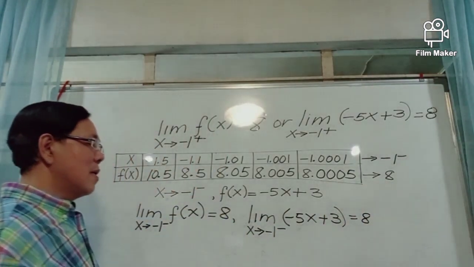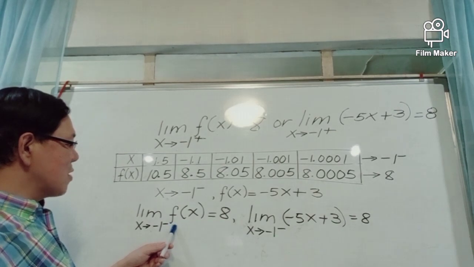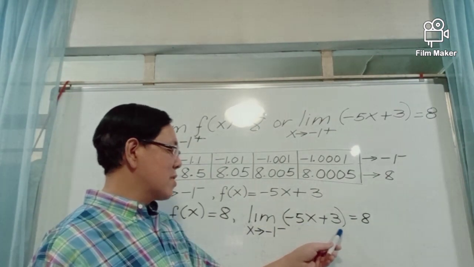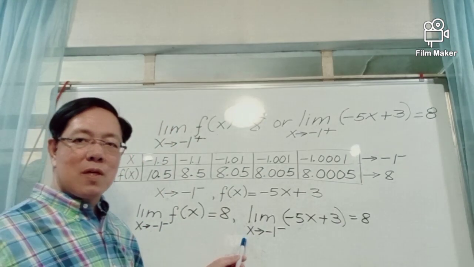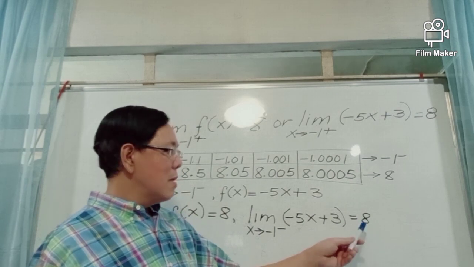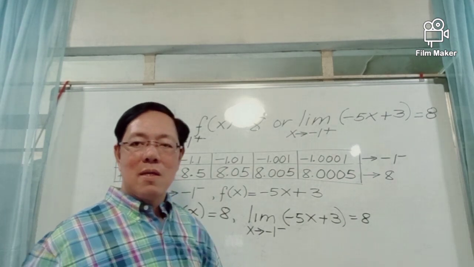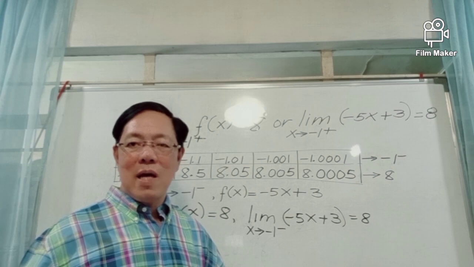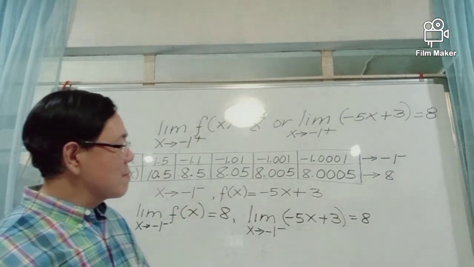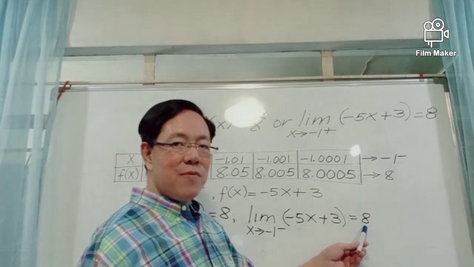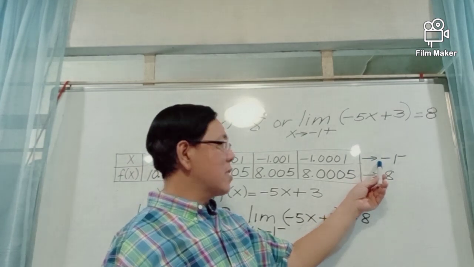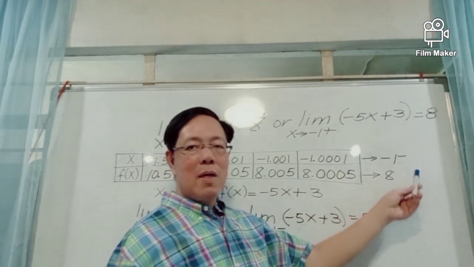Again, the limit of the function negative 5x plus 3 as x approaches negative 1 from the left is positive 8. This number positive 8 is known as the left-hand limit of the function, because when we get this limit of the function, we let the values of x approach negative 1 from the left.